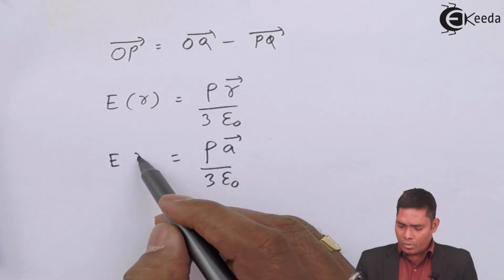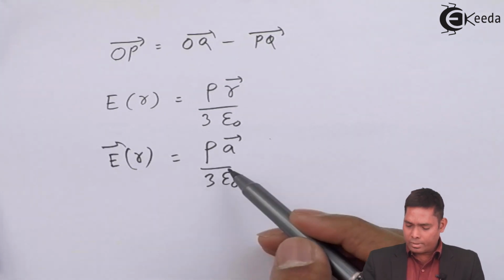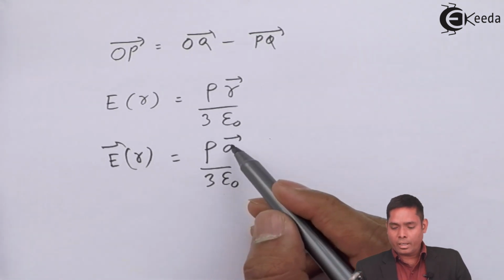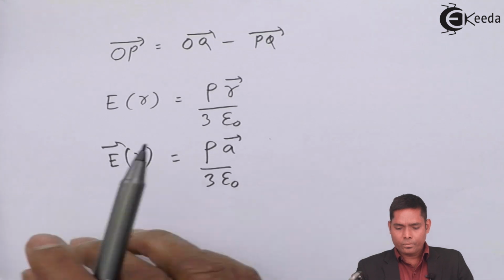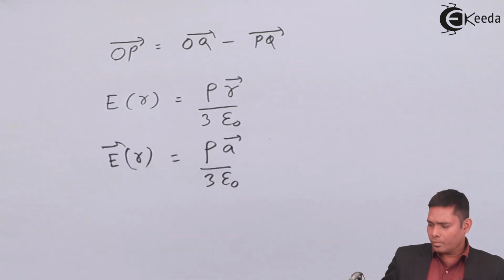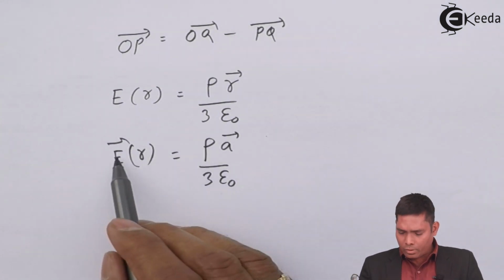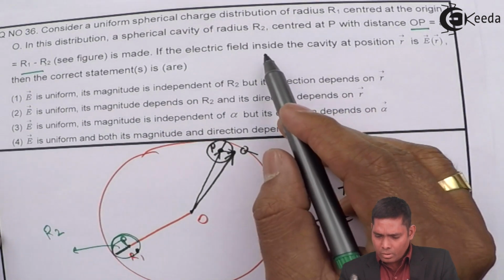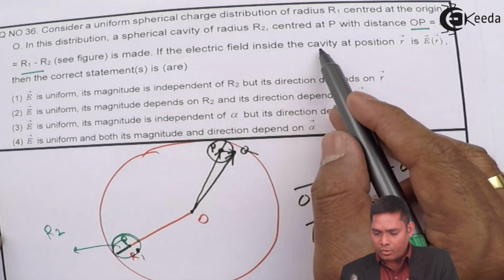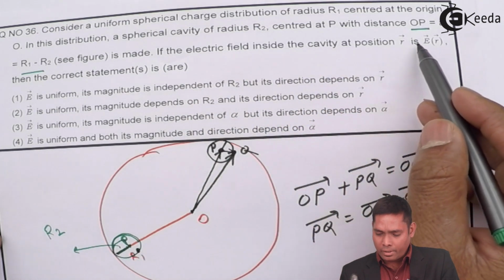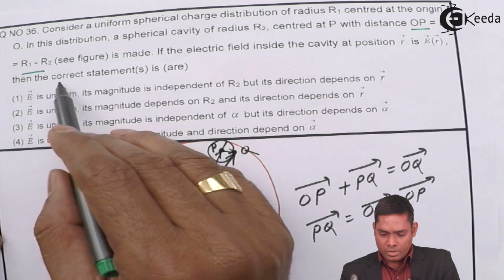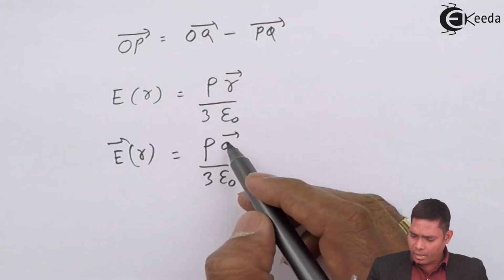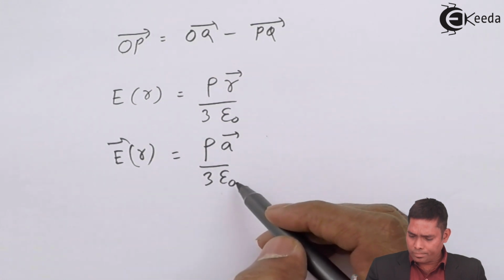So E vector of r is the volume charge density times a divided by 3 epsilon naught, at any position r inside the cavity.